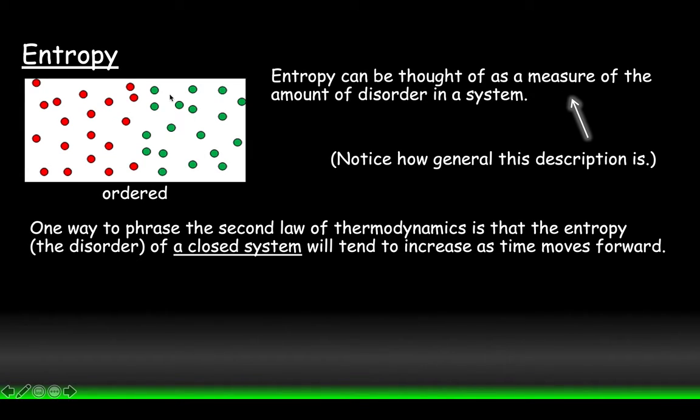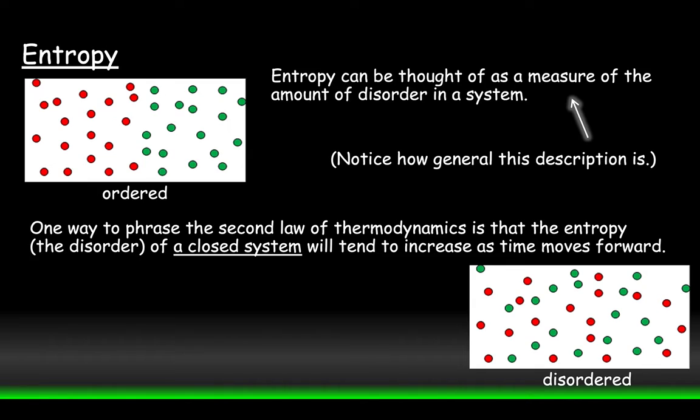As time moves on, the green particles will diffuse towards the left-hand side, and the red particles will diffuse towards the right-hand side. So if this is my initial state, where the colors of the particles are separated, as time moves on, the particles will tend to diffuse, spread evenly and mix in with each other.